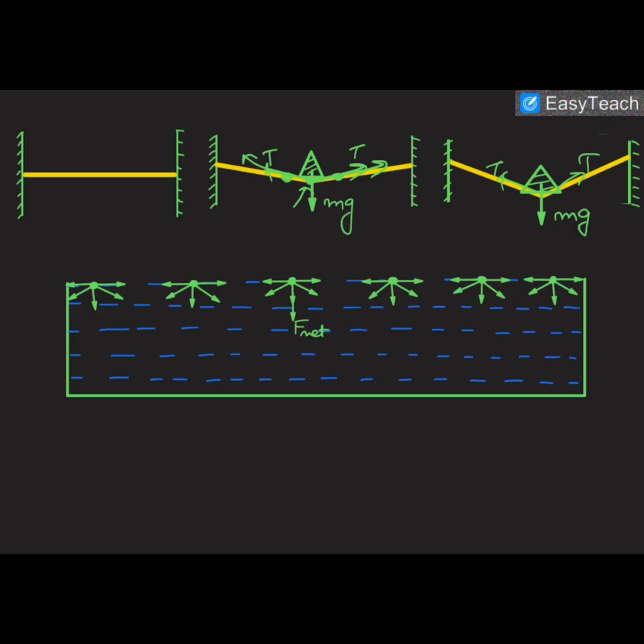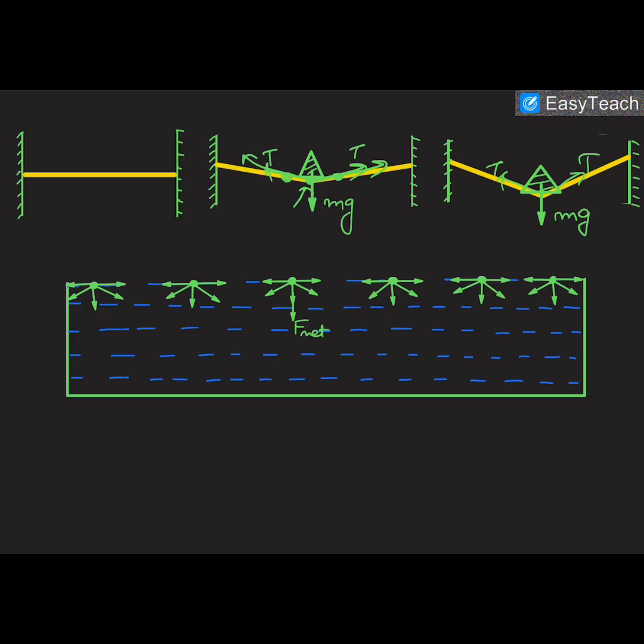So finally, let me again tell you the definition of surface tension, according to which surface tension is a surface property of a liquid which is at rest, by virtue of which the free surface, now free surface means the surface which is in contact with air, the free surface of that liquid behaves like a stretched membrane, and it always tends to minimize its free surface area.